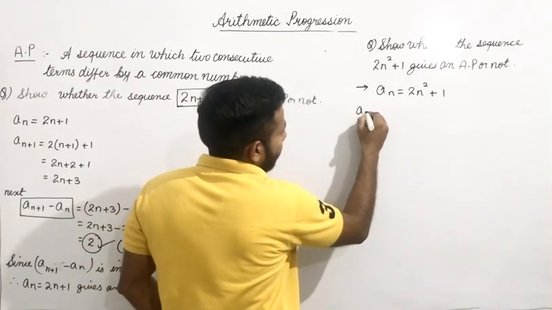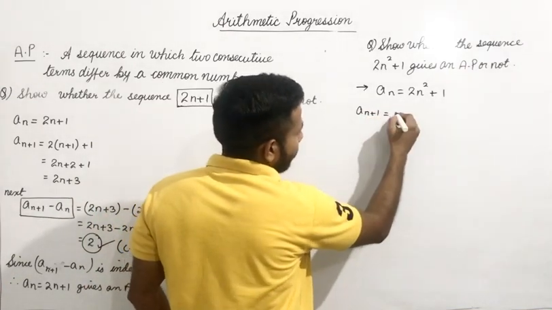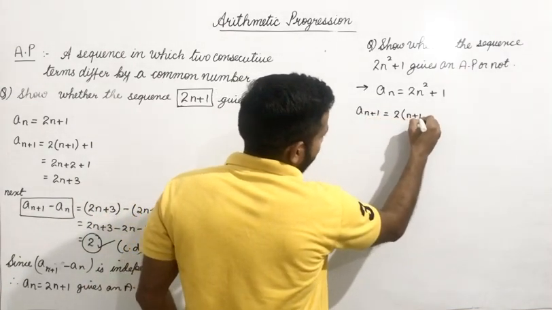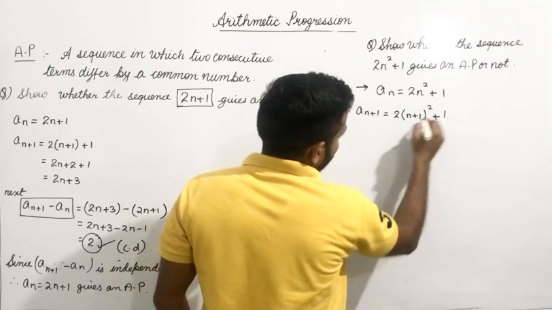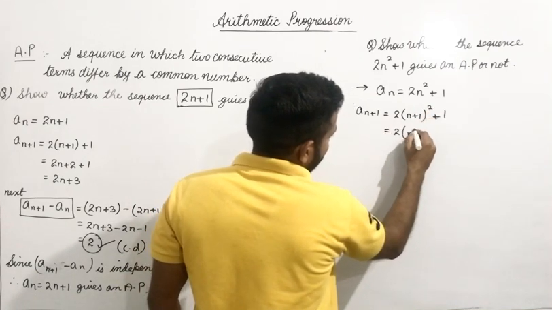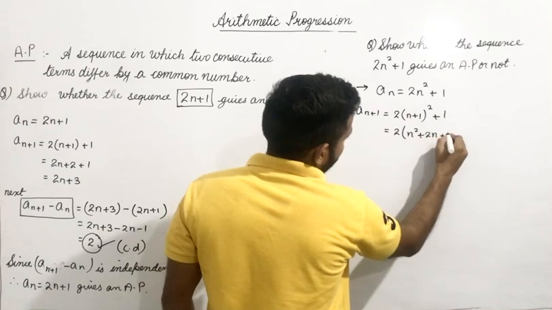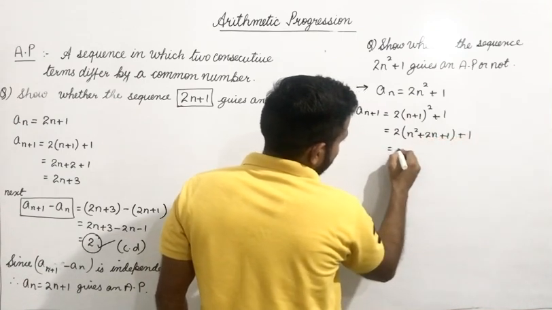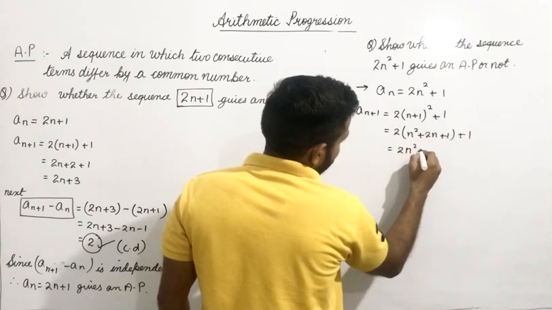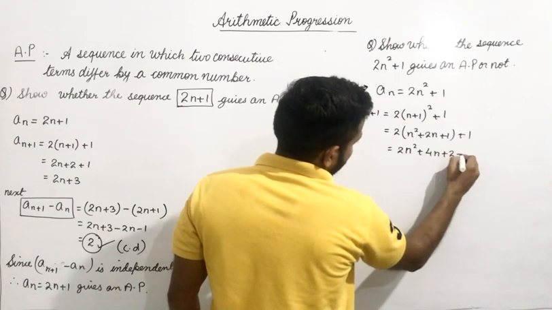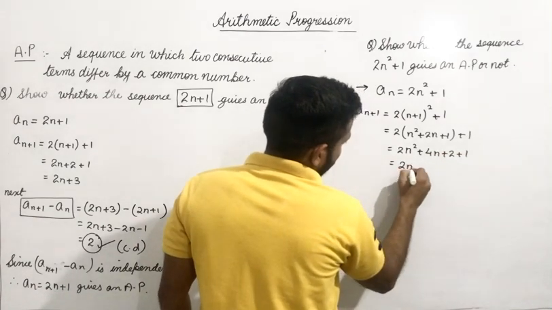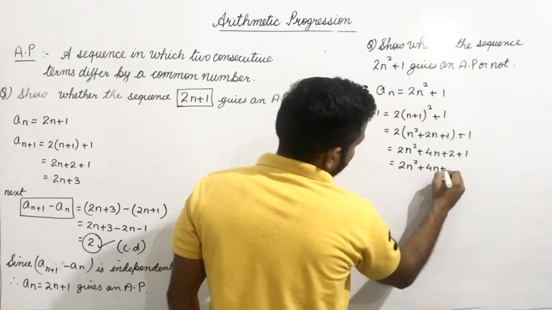Let us find a(n+1). So in place of n, we will write n plus 1. 2(n plus 1) whole square plus 1. This is 2(n square plus 2n plus 1) plus 1. 2n square plus 4n plus 2 plus 1. This is 2n square plus 4n plus 3.